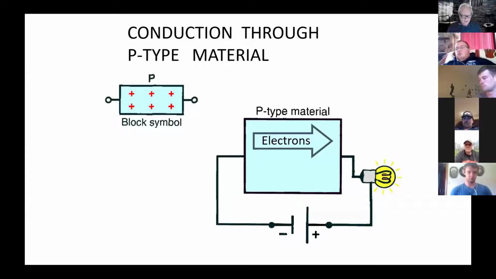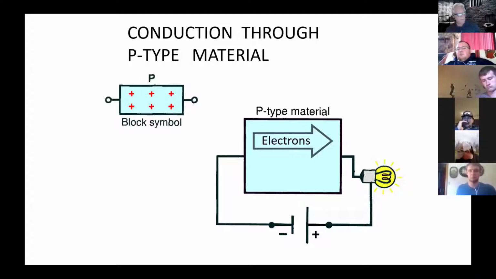When you're dealing with just a few electrons, a few atoms, a piece of dust is a significant contamination. So they have to be very careful about that. So it's very expensive to make semiconductor material.